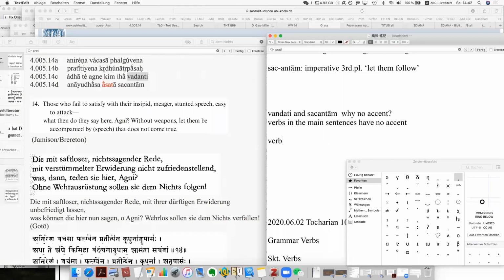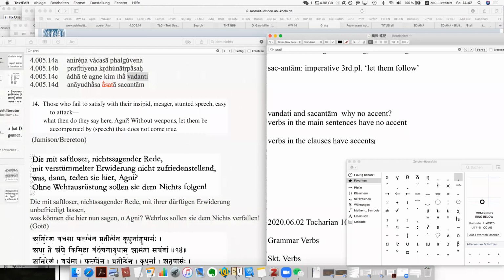And then, which means that verbs in the subordinate clauses, the Nebensatz, have accents. Okay.